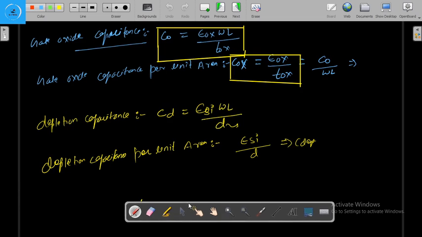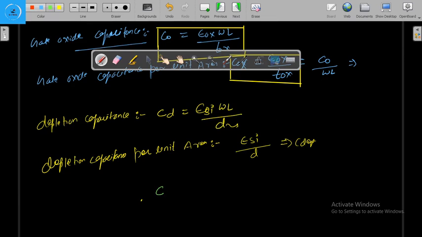Here we are going to see one more important thing. C max upon C min will be equal to COX upon C dep plus 1, right?